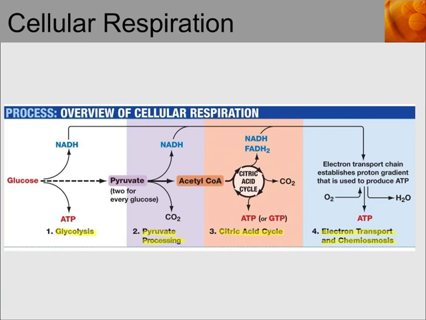Okay, so again, the main purpose of cellular respiration is to break down carbohydrates into smaller molecules and specifically store energy into a molecule called ATP. So we're going to talk about all of these processes, but let's start with glycolysis.